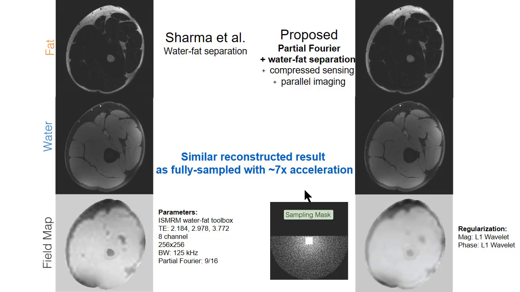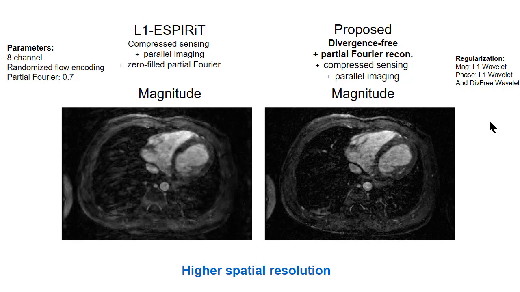So all of these are retrospectively undersampled. And you can see visually they look quite similar. And this is simply using the proposed method without much modification or without phase unwrapping.